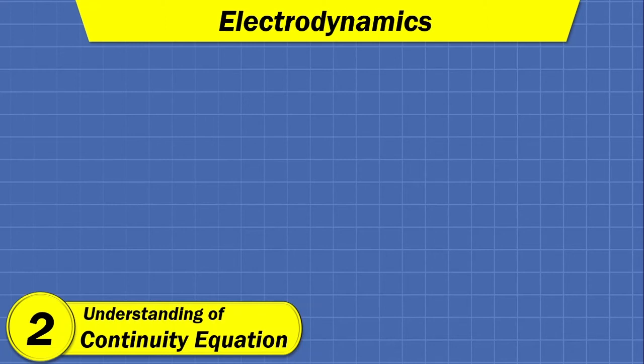Let us start. The continuity equation of the current is based on the principle of conservation of charge. So the very first thing to remember is that the continuity equation is based on the principle of conservation of charge.